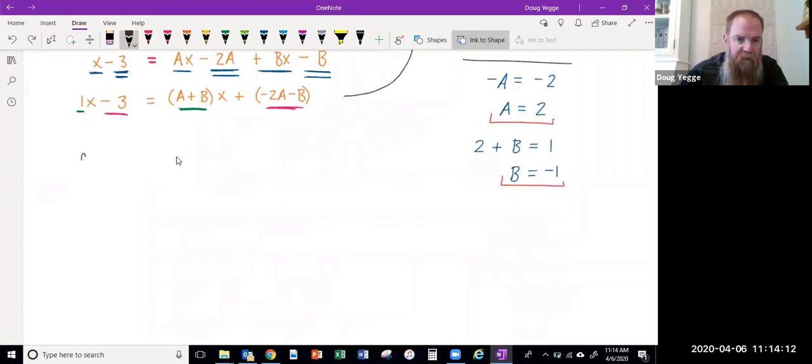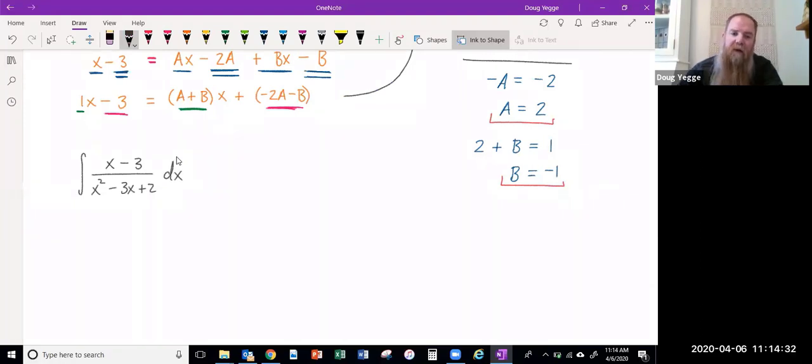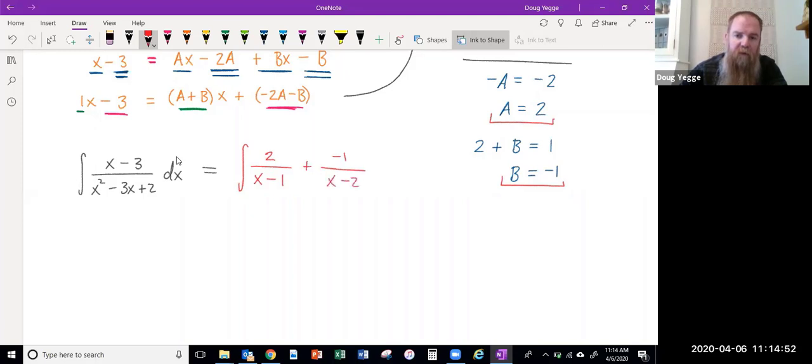The integral of x minus 3 over x squared minus 3x plus 2 dx, which we don't know how to integrate right now, is equal to the integral of 2 over x minus 1 plus negative 1 over x minus 2 dx.